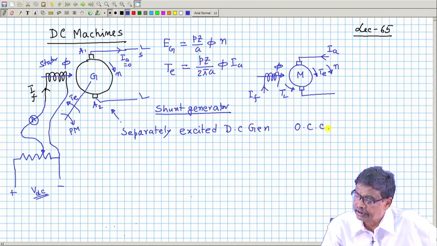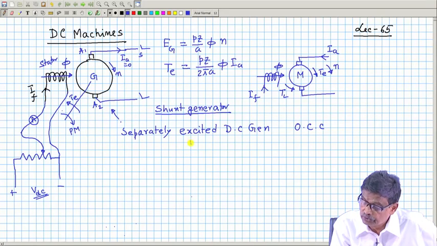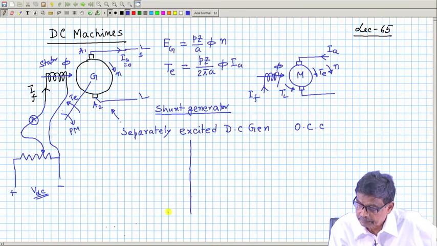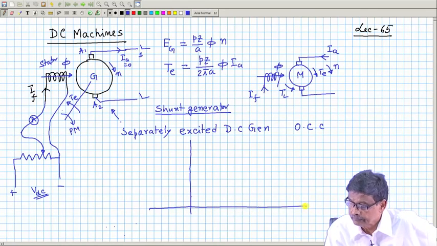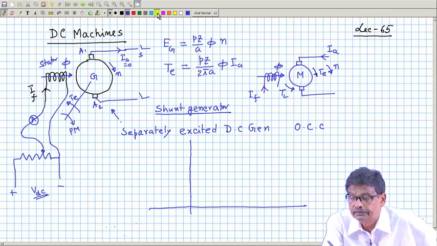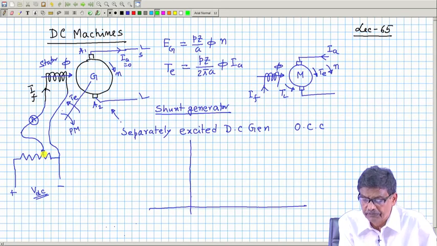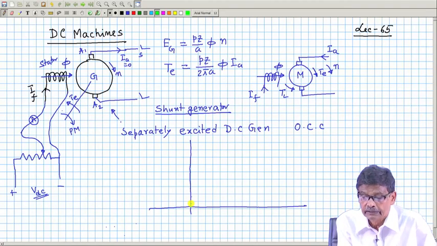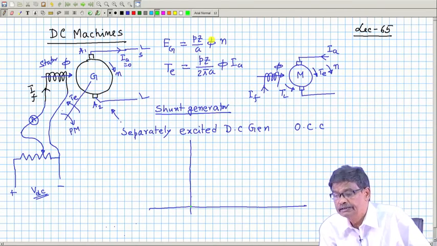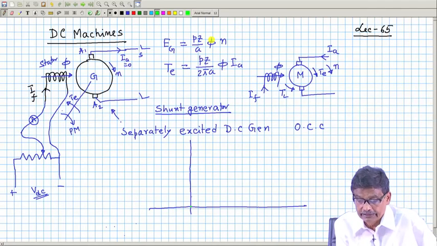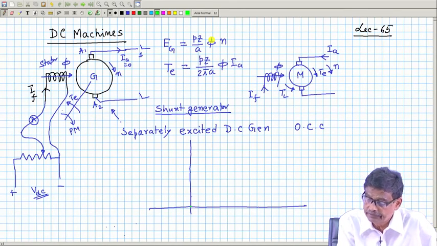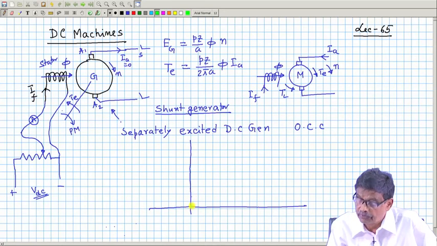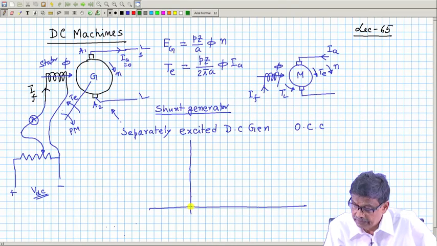If I do that, the characteristics will look like this: if the field current is 0, the induced voltage will be 0. Phi is generally proportional to I f. So, as you increase the field current I f, the generated voltage will increase, linearly at the beginning.